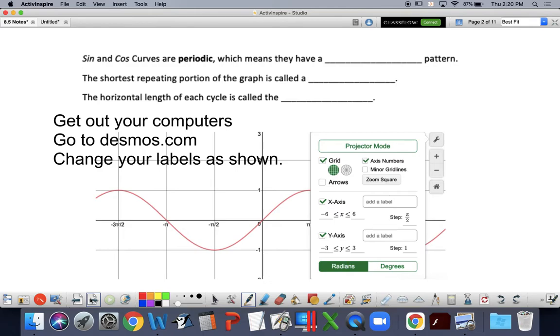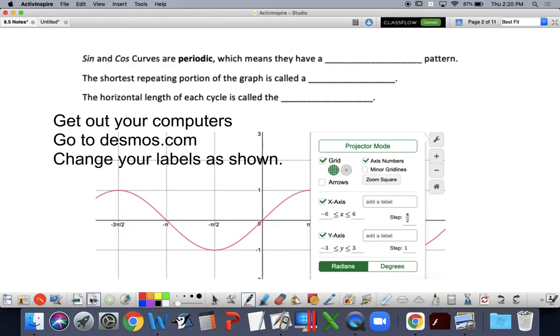Or raise your hand if you need help setting up your x and your y axis there. So type in pi over 2. It's actually pi. So pi. There we go. Now do divided by 2. All right, anybody else need a hand with that?